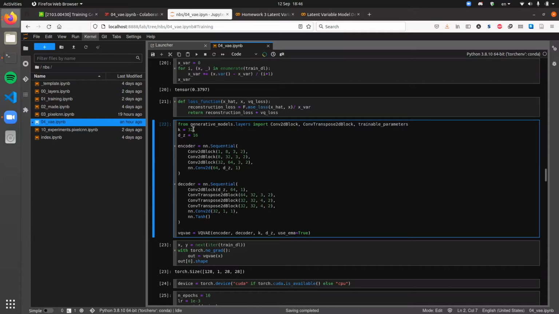And this value k, the size of the codebook, is essentially our data compression bottleneck, right? So we can have only k different latents to represent our image, and this value depends on how complex your data is.